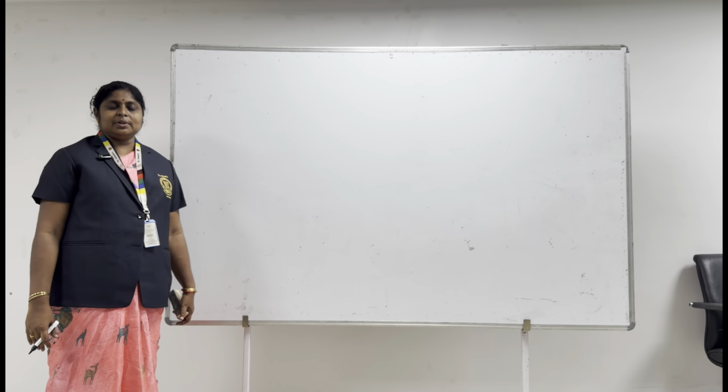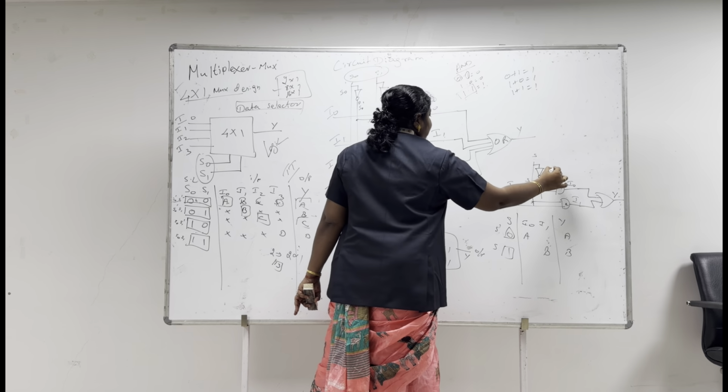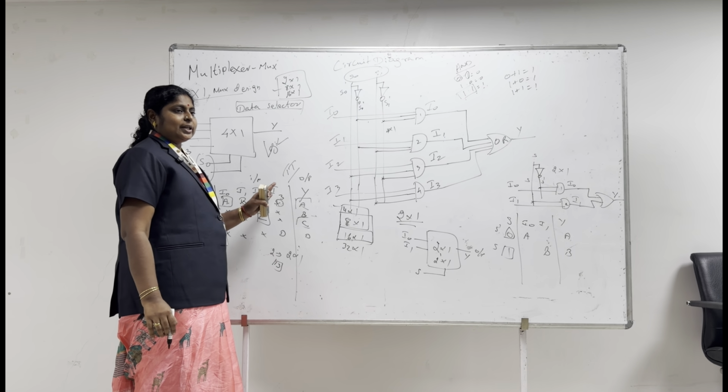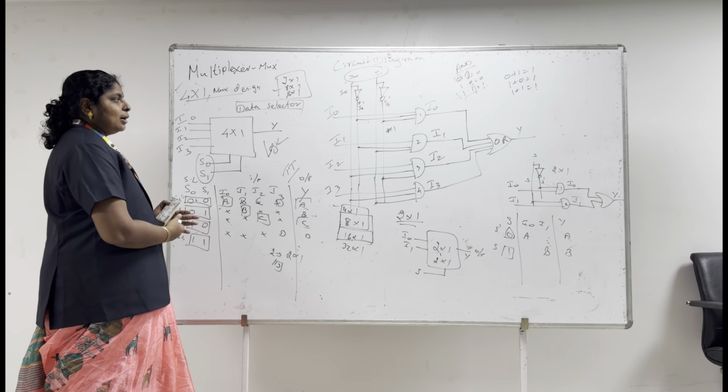Similarly, S with I1. So this will be the logical diagram for your I1. Similarly, of gates 1 and 2, only one will be active at a time based upon the S information. Therefore, your output Y will come from the OR gate. So this will be the logic diagram for 4 cross 1 and this will be the logic diagram for your 2 cross 1. Right. So with this you are able to manage the basics of the multiplexer.